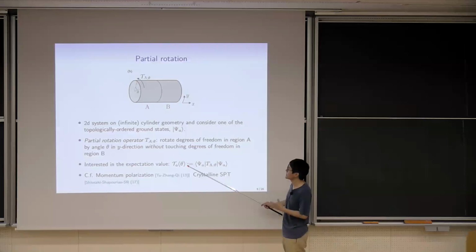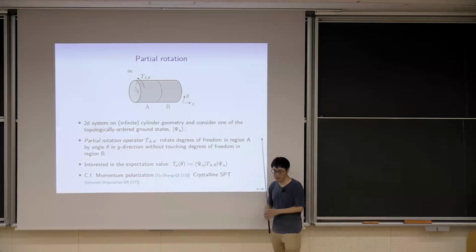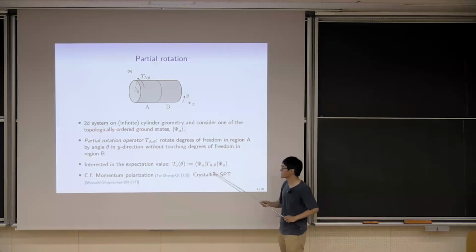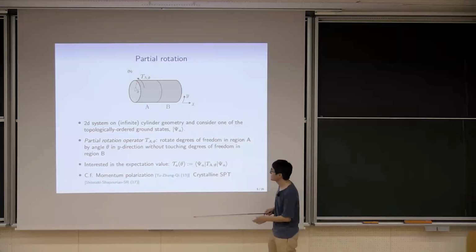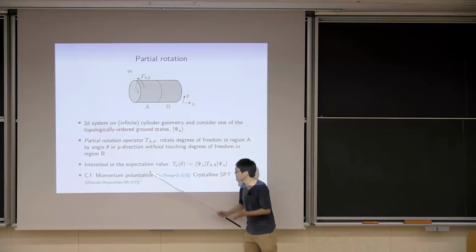We were not the very first to study this type of quantity. For example, in the past, this was used in this paper to extract the chiral central charge and also the topological spin. But today I will do something slightly different, and it's really motivated by my older paper with Ken.